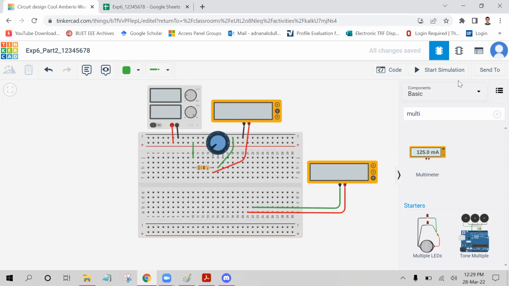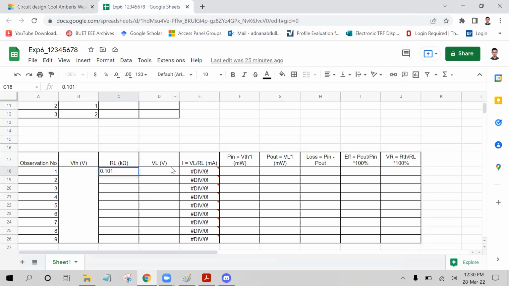Then you can start the simulation again and you should be able to see the voltage across load, the VL. In my case it is 575 millivolt, so I am going to write it in volt unit, 0.575. That's it.